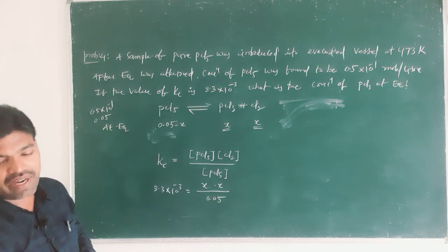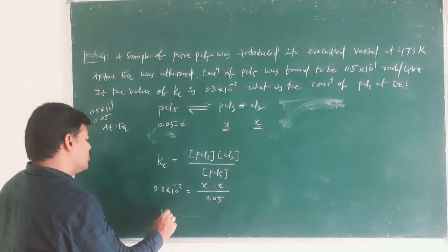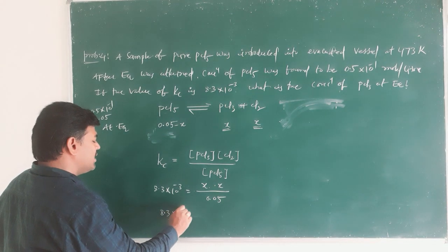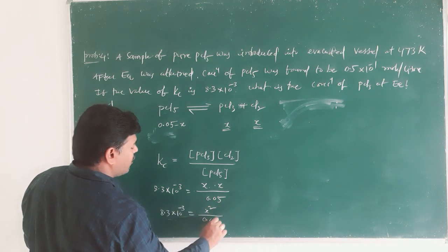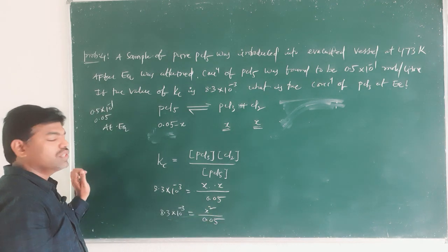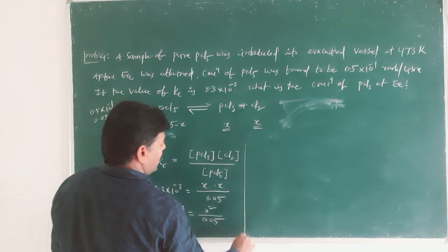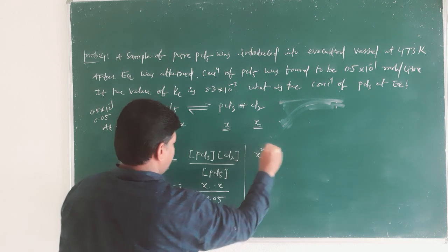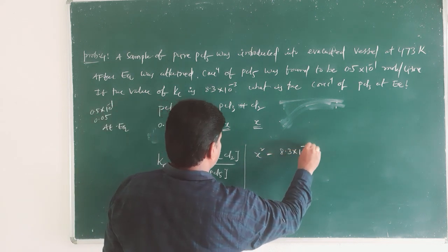So 8.3 into 10 power minus 3 is equal to x square by 0.05.